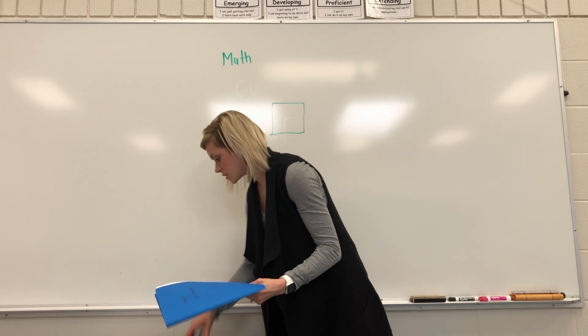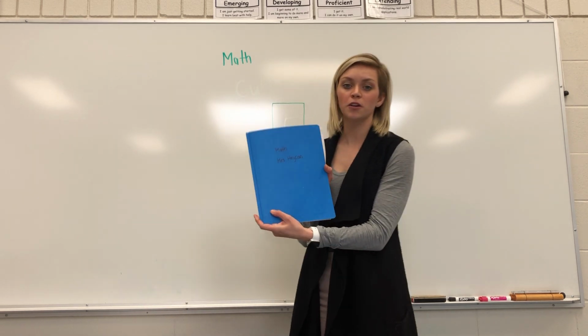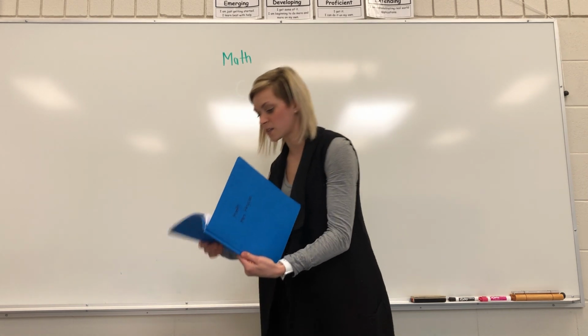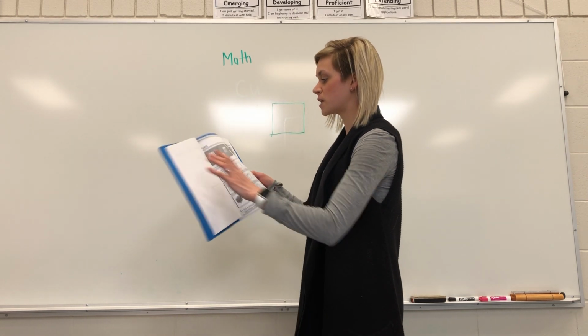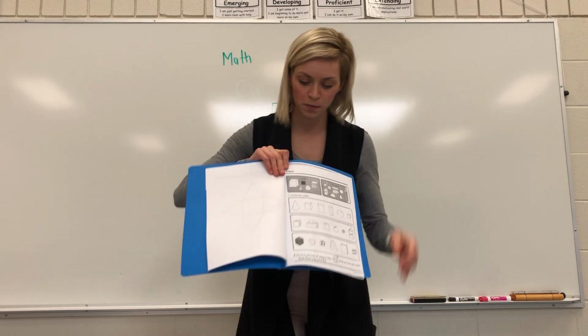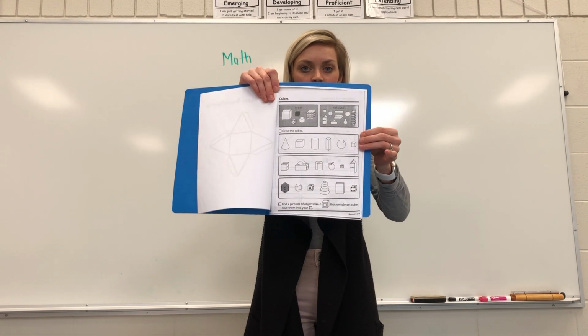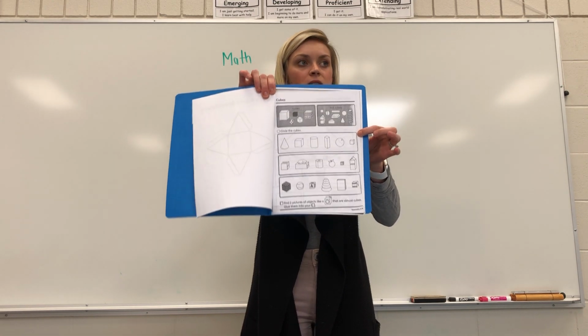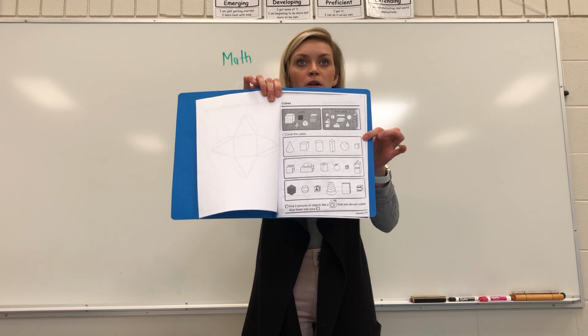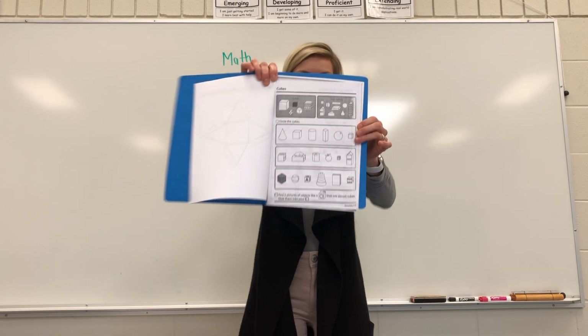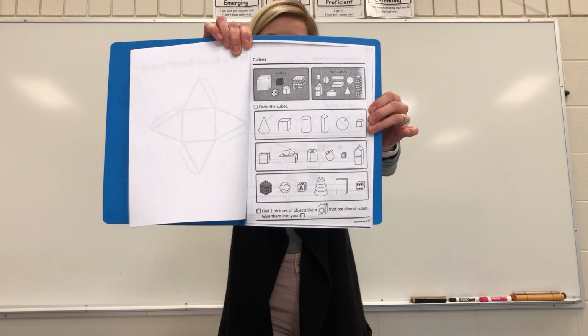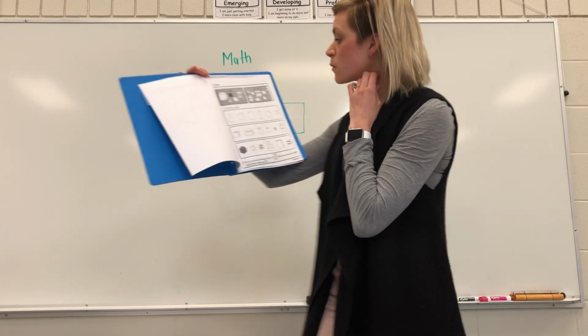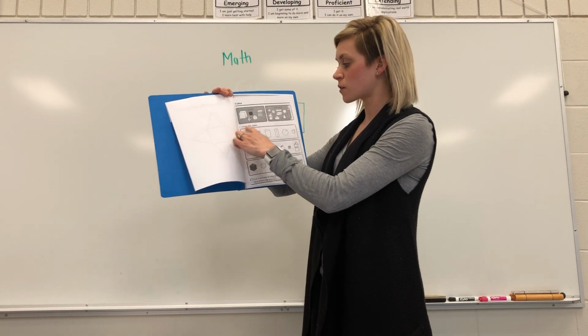The next thing you're going to do after you make your cube is you're going to find the first actual worksheet, and it says cubes at the top. We've done lots of these worksheets before when we were looking at our 2D shapes, so I know you're all very, very familiar with this. In this one, what you need to do is circle the cubes.